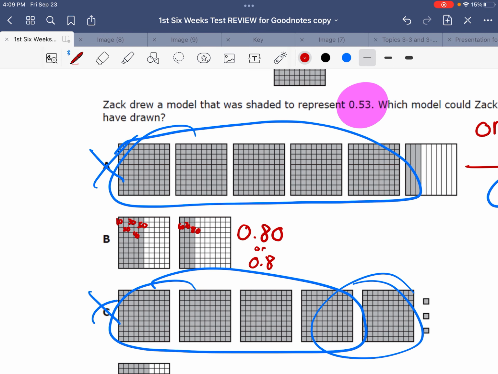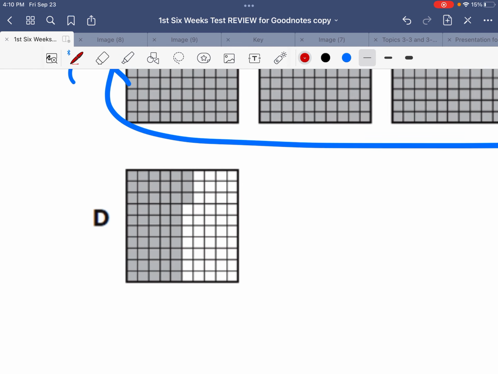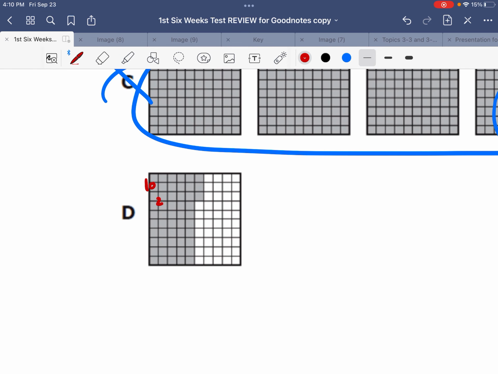If I go back, I'm not looking for 0.80. I'm looking for 0.53. So it's not B. Let me go to D. 10, 20, 30, 40, 50, 51, 52, 53. This is 0.53. D would be my answer.